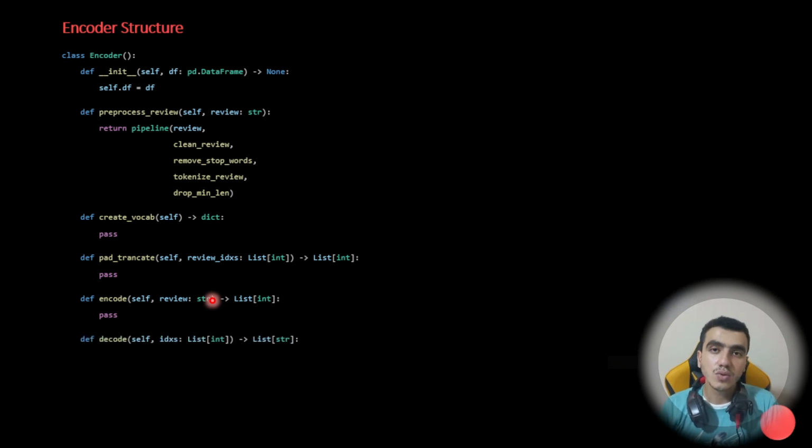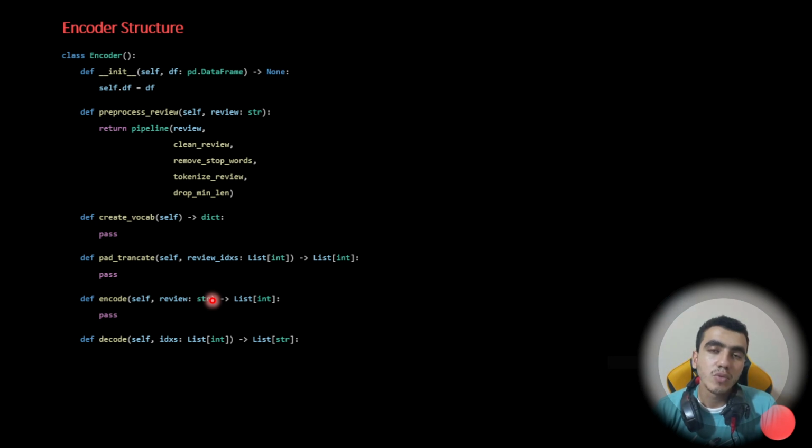And then the decode, it might not be used throughout our project here, but it can be used if we have a translation project or a translation task. So the translation will be taking input as a list of sentences and producing output as a list of sentences in a different language, right?